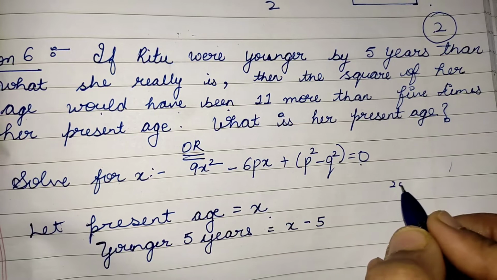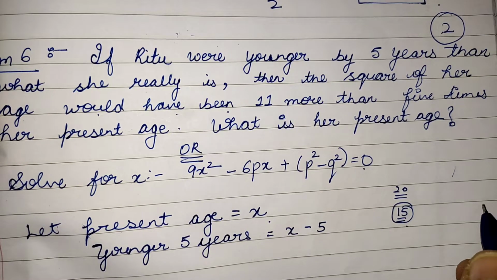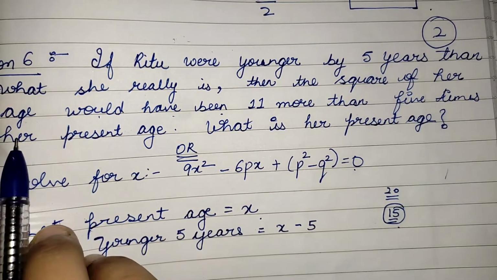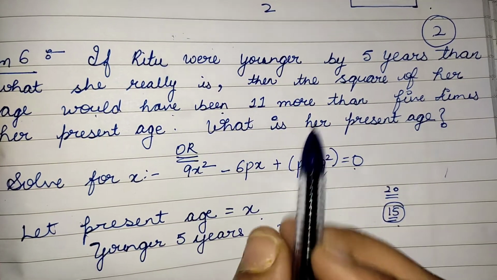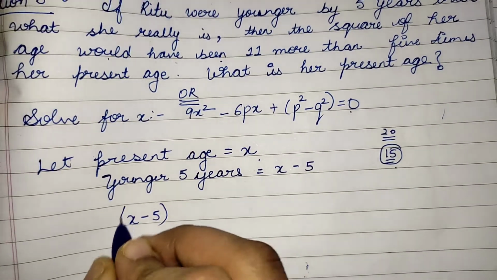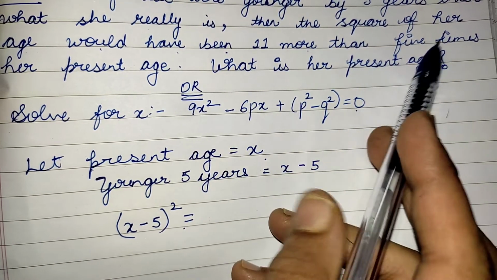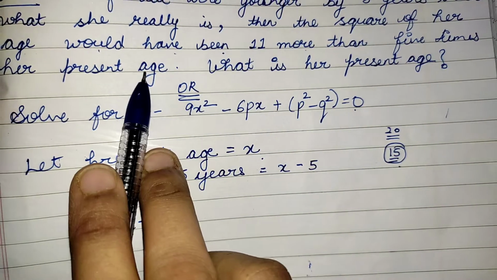So suppose you are 20 years old now. Then 5 years before, what was your age? Your age was 15 years. Then the square of her age would have been, the square of her age means (x minus 5) squared, 11 more than 5 times her present age.